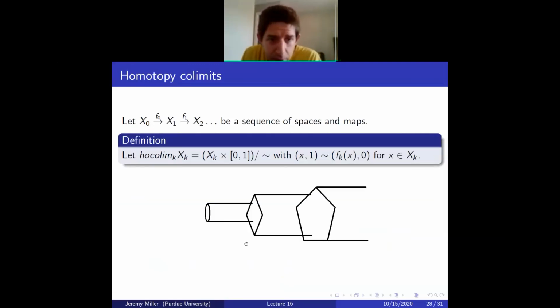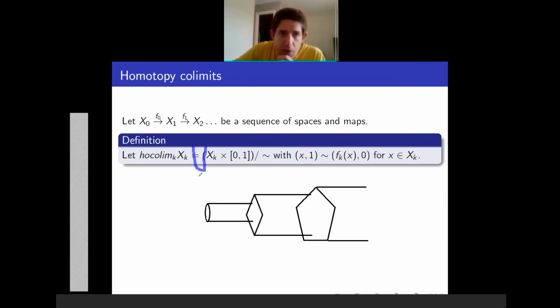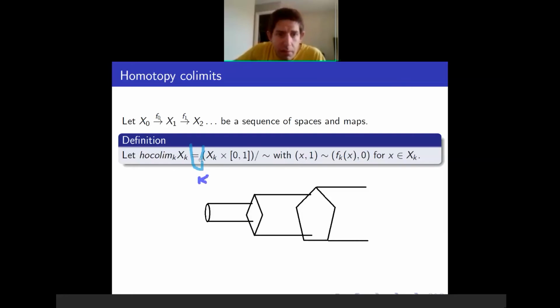So we're going to do a homotopical version. We have a bunch of spaces and maps. The homotopy colimit, hocolim, is going to be the disjoint union over k of your space cross an interval.